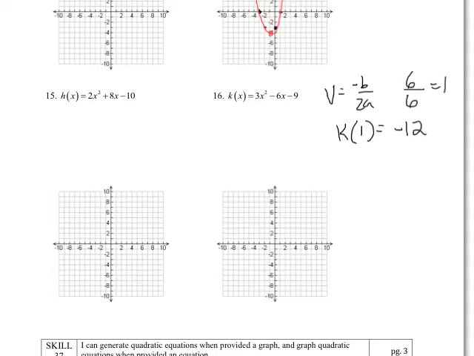So what we have here is a shift to the left 1, sorry, to the right 1 and down 12. So you can say x minus 1 squared and then down 12.